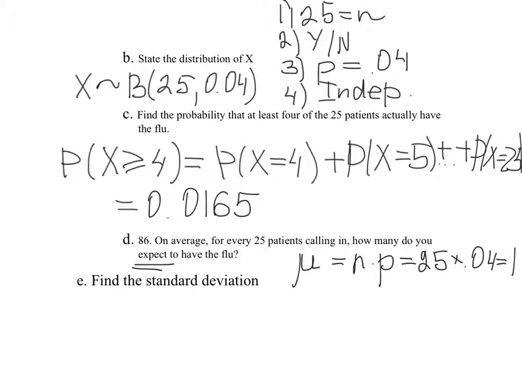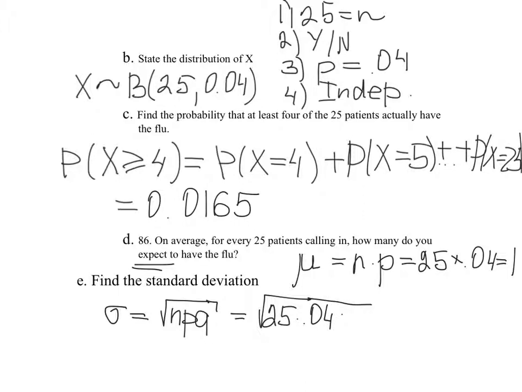So out of 25 patients called, I would really expect only 1 to have the flu. And the standard deviation, sigma, is equal to the square root of npq, which is the square root of 25 times 0.04 times q. Q is 0.96.